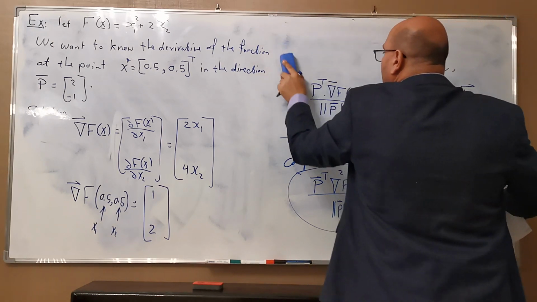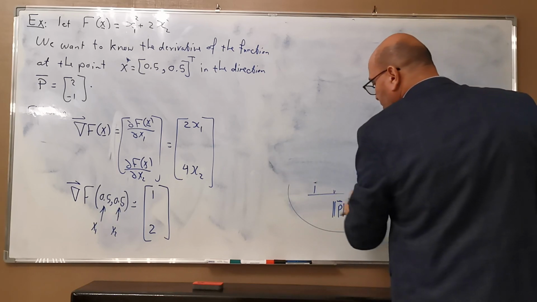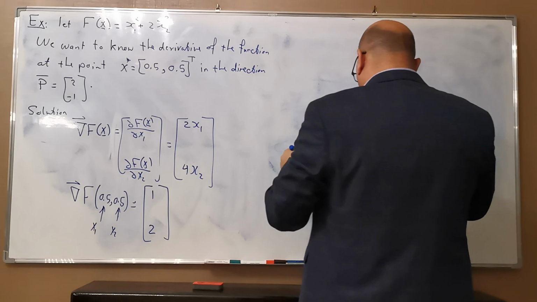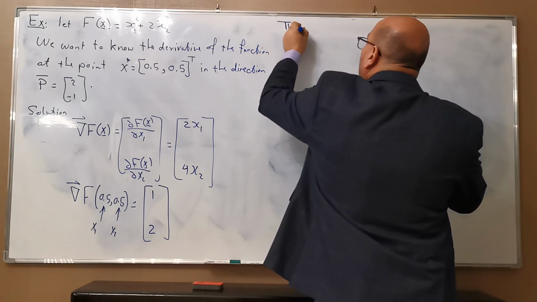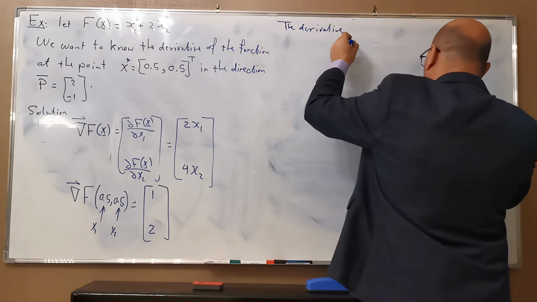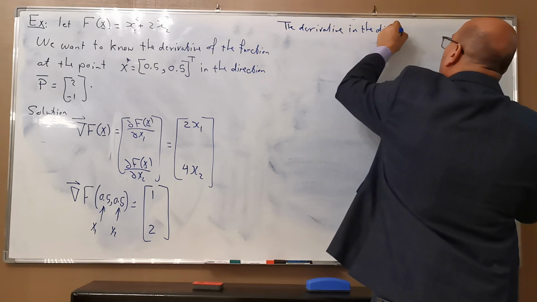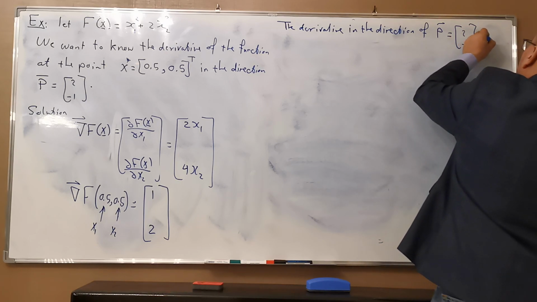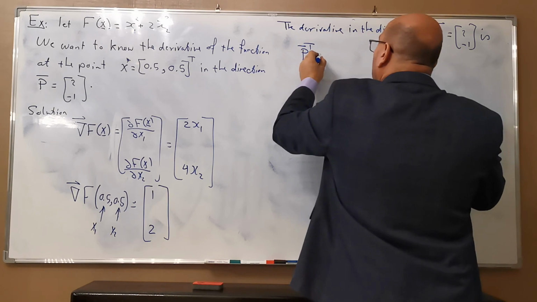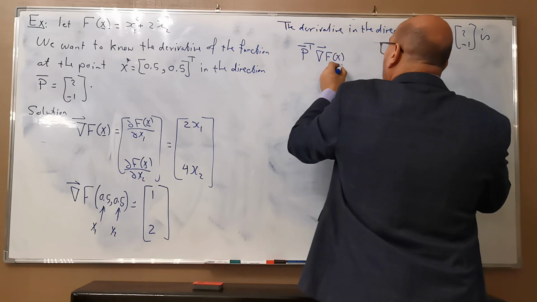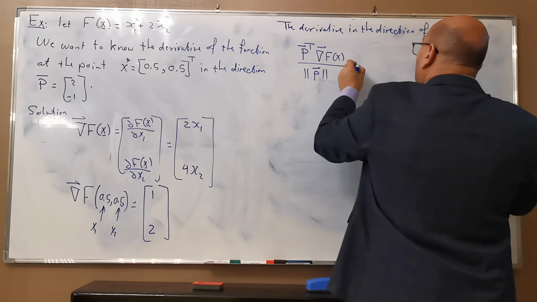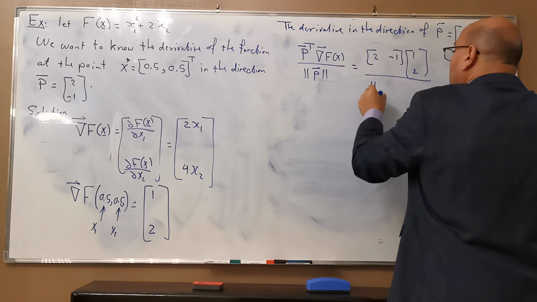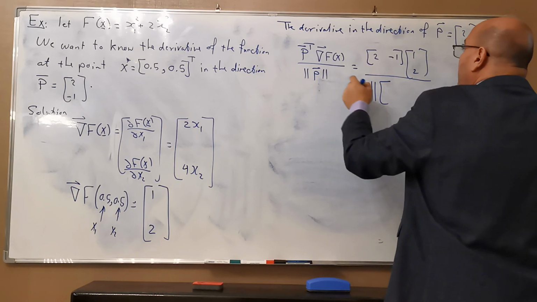Now we need to find the directional derivative. It's the inner product of the gradient at this point with this vector. So the derivative in the direction of p, which is equal to 2 and minus 1, is p transpose the gradient of f of x, which is 2 minus 1 multiplied by 1 and 2, divided by the magnitude of p, which is 2 and minus 1.